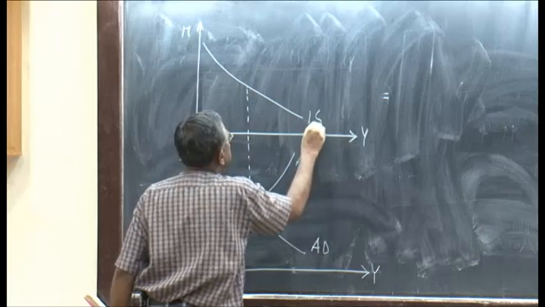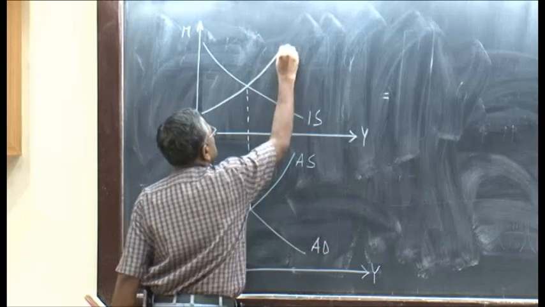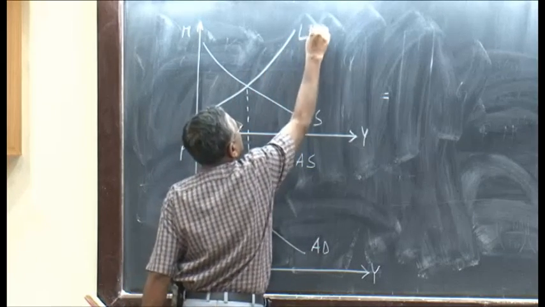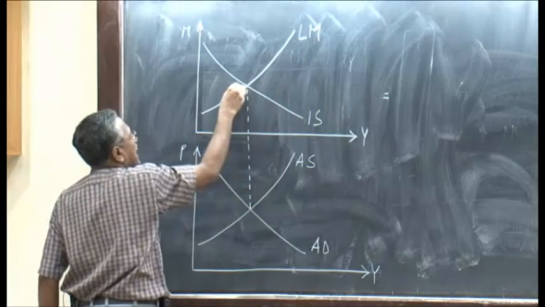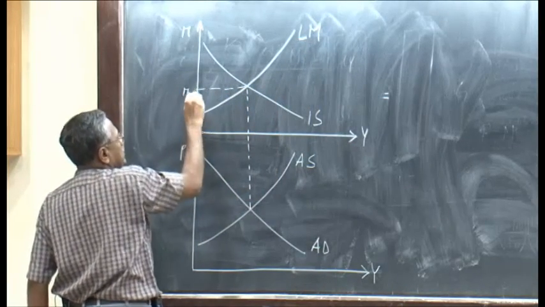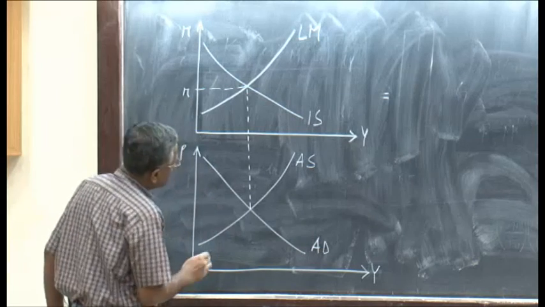So this is IS and suppose this is LM, and this is the rate of interest.